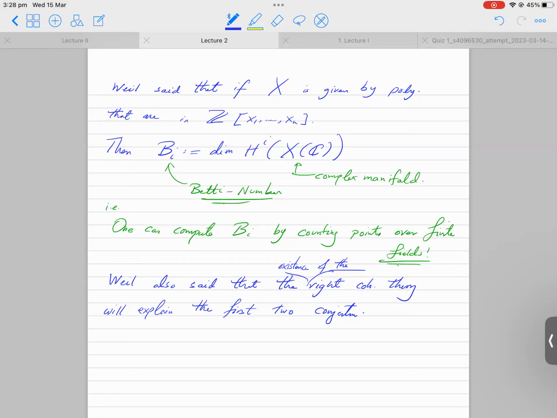So that will be the next lecture, and then in the lecture after, Angus will tell us a little bit about how Dwork went about proving the first of the Weil conjectures, and this has to do with what's called p-adic analysis. So you do analysis, but instead of over the reals, over p-adic fields.